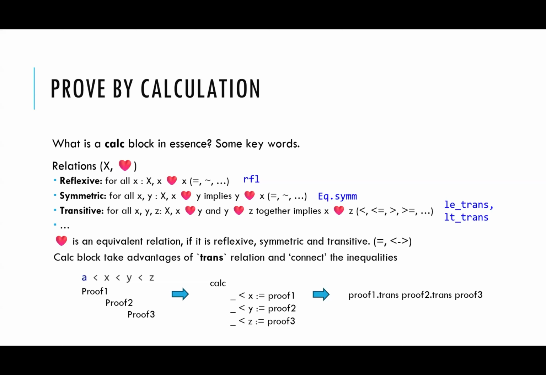For example, if we want to prove A is less than Z, and you have A less than X, X less than Y, Y less than Z, how can you derive A less than Z? We use a calc block. The calc block in the backend actually uses transitivity, using trans to connect all the proofs you have together and get the final proof. So in the backend, it actually does this to prove the inequality.